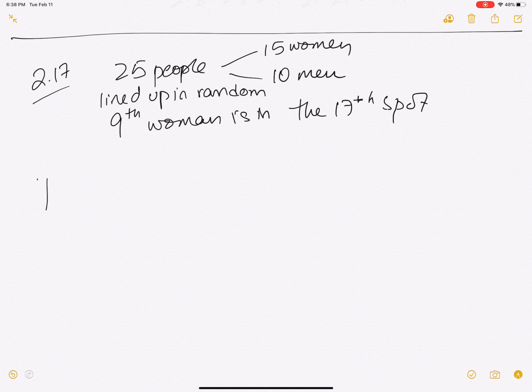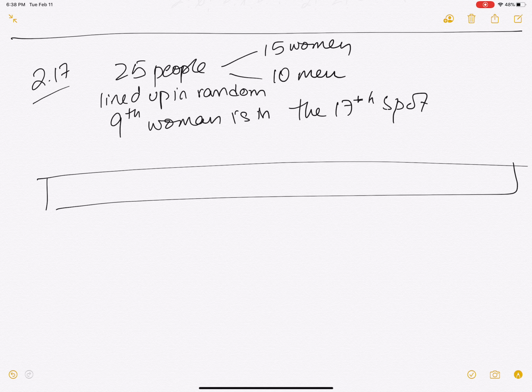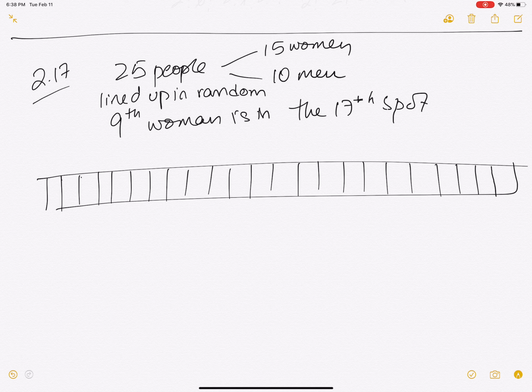Okay, so what do you have? You have all these 25 people, 1, 2, 3, 4, 5, 6, 7, 8, 9, 10, 11, 12, 13, 14, 15, 16, 17, 18, 19, 20, 21, 22, 23, 24, and 25. Okay, so here's 25 spots. What do you want?